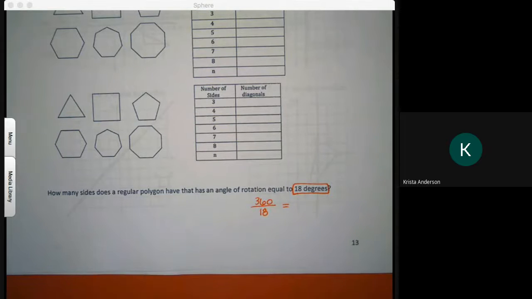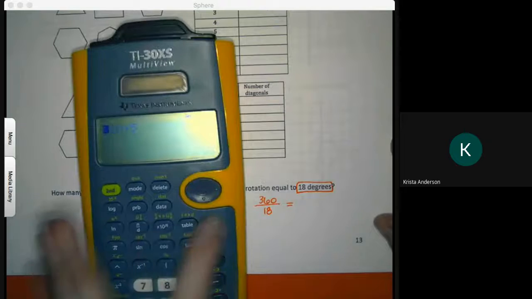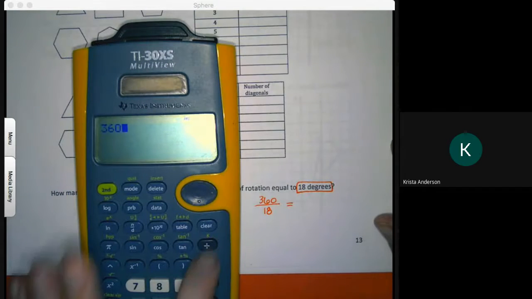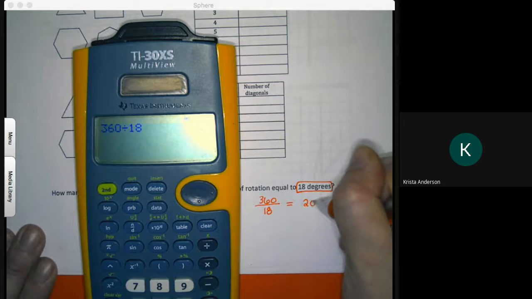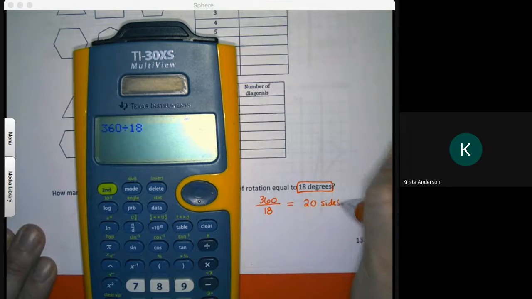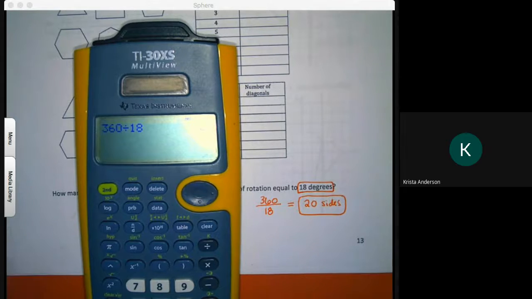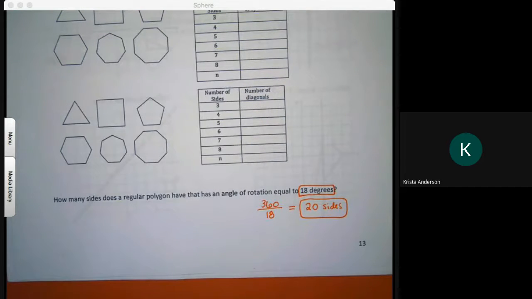Let's try it. You said 20. The answer should be 20. Okay, let's check and see. 360 divided by 18. There are 20 sides on our polygon. So we can reverse it and go back and forth by dividing.